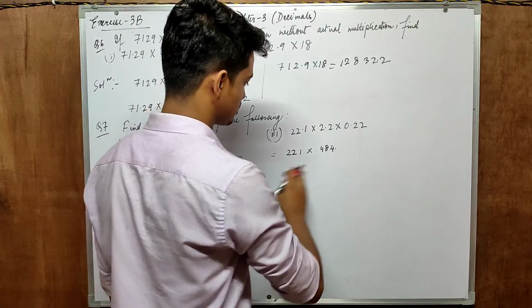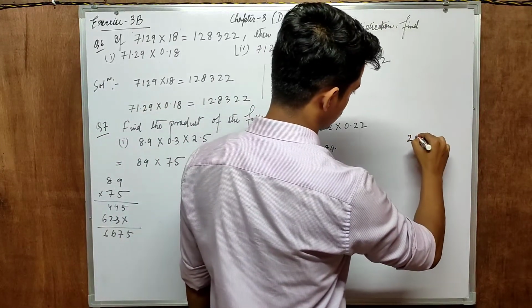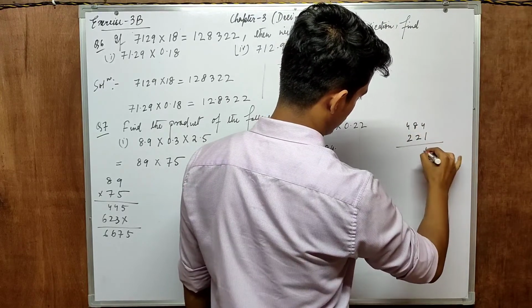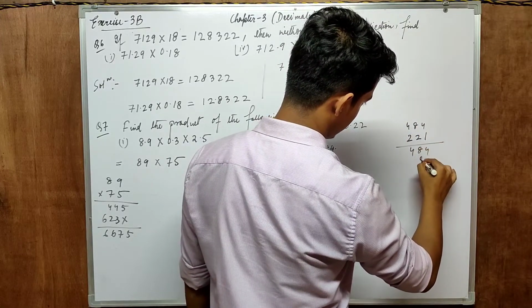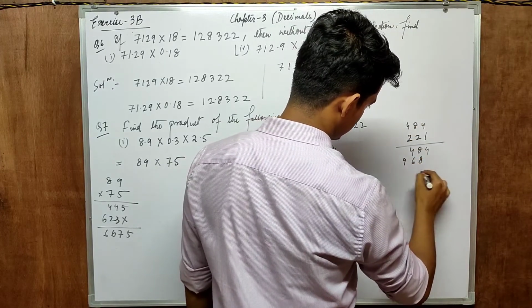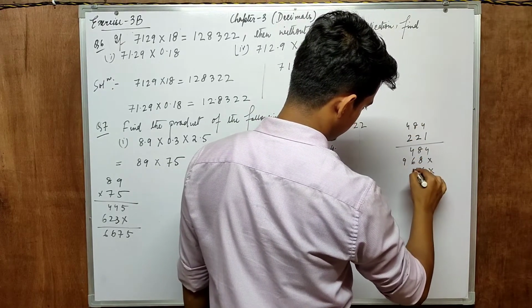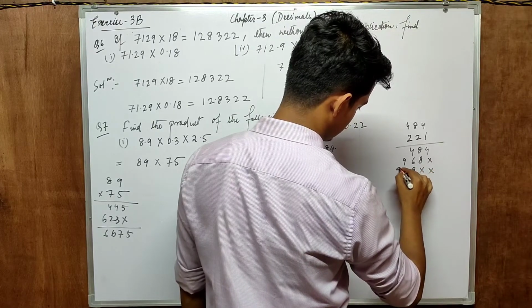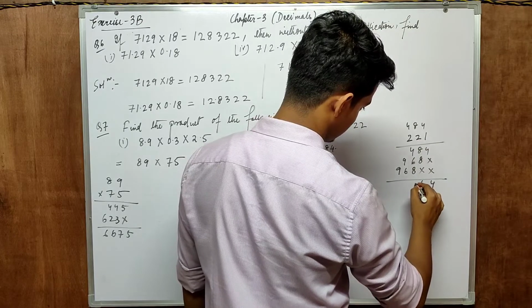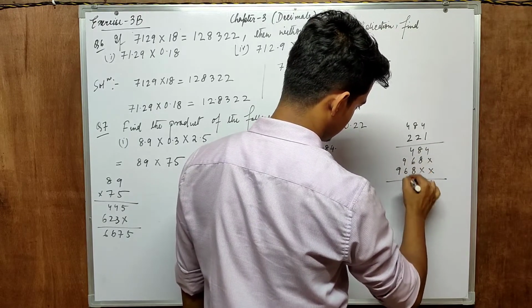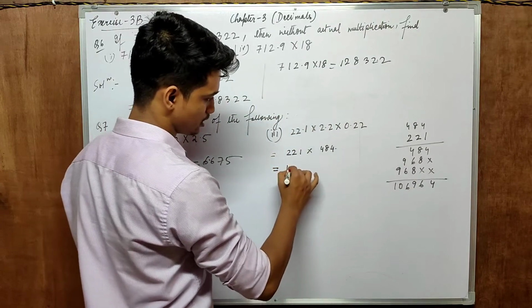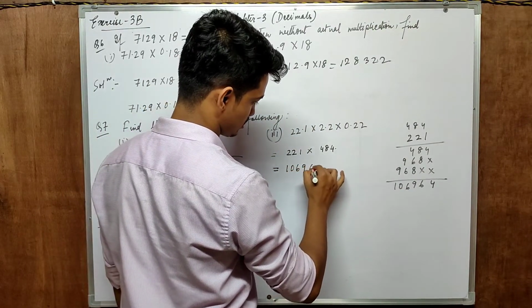Then we multiply 221 and 484. 484 times 1 gives 484, and continuing the multiplication with carries, the answer is 106964.